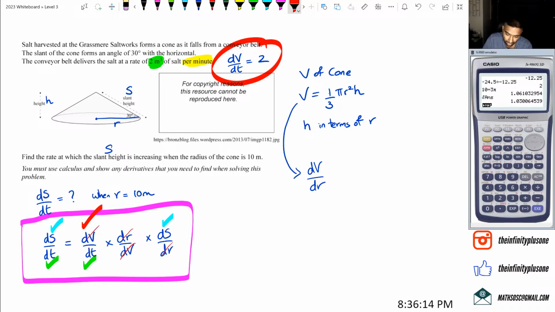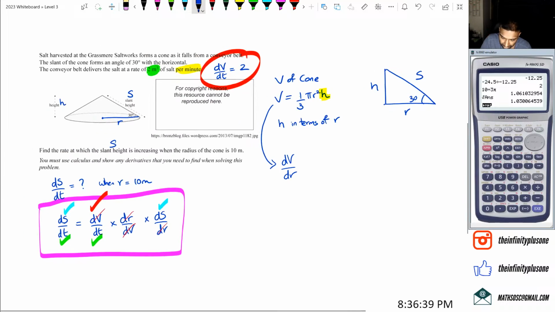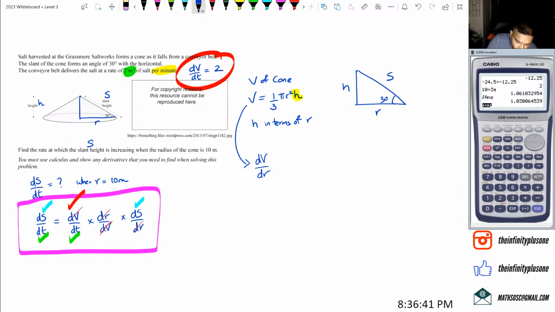Now, if I have a look here, remember the previous question we talked about it. We can't differentiate a function with r if there's an h involved in it. And in this case, we actually have an h. We need to get rid of the h and replace it with r. The only way we're going to do that is go back to this triangle where you've got h, 30 degrees, r, and s. Hopefully you guys can see where I got that triangle from.